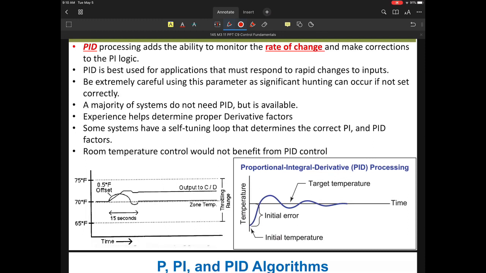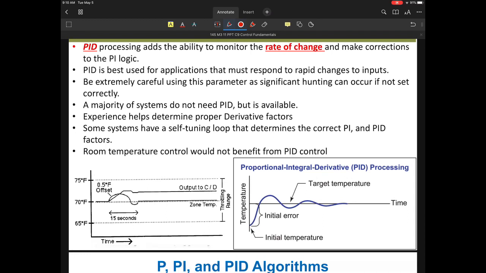When it sees that rate of change, it throws another calculation in here that says, let's make those corrections lickety split. Let's make them really fast, with a derivative function. Derivatives are rates of change, and there's a specific calculation on how to do that.